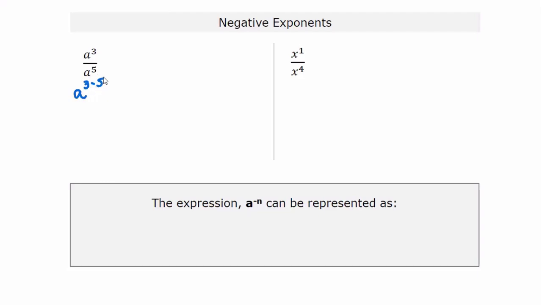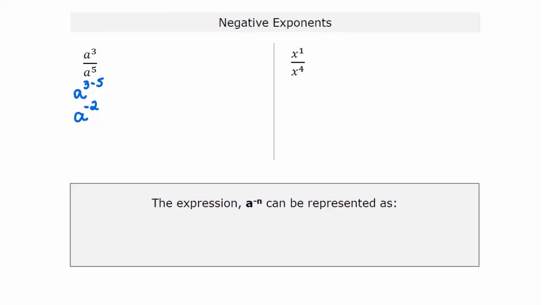Now, when I subtract, I always need to make sure, again, that I subtract the numerator minus the denominator. And because of that, that's going to give me a negative number because 3 minus 5 is negative 2. So when I simplify this, I would say a to the 3rd divided by a to the 5th is a to the negative 2 power.